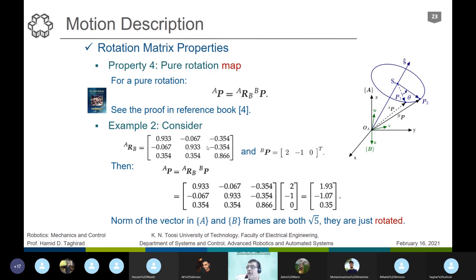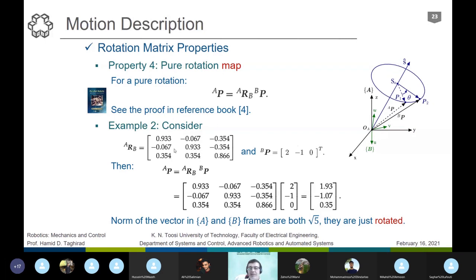So, for example, consider some rotation matrix with an angle here. As you see, this rotation matrix is very good because all its columns are unit vectors. The norm of these columns is all 1, and you can check that multiplying these two together gives you the second one. This is the way a rotation matrix is.